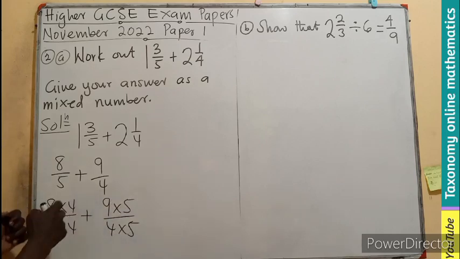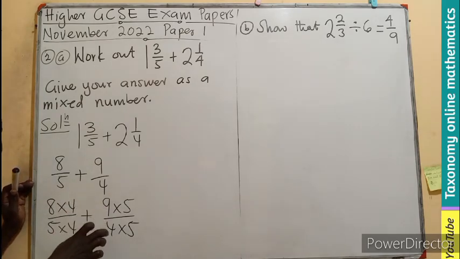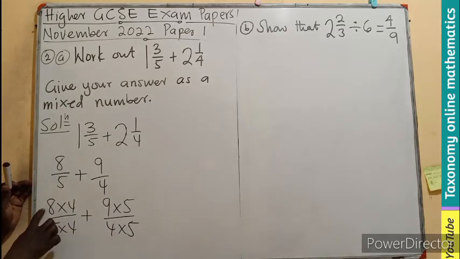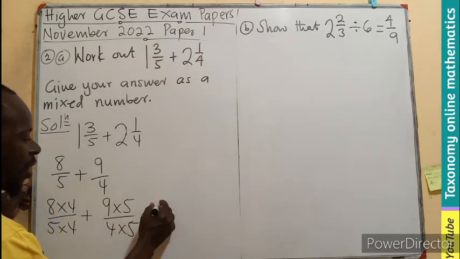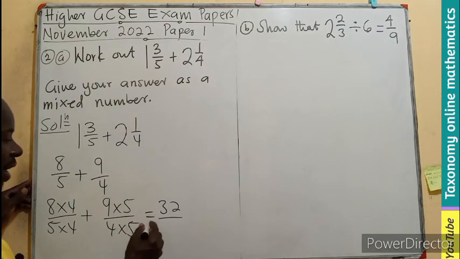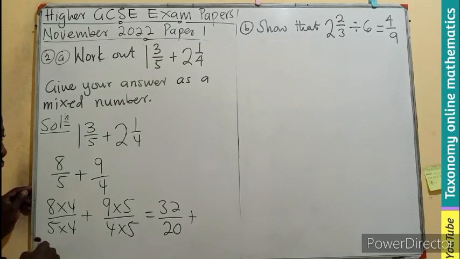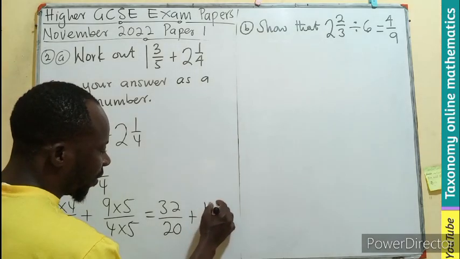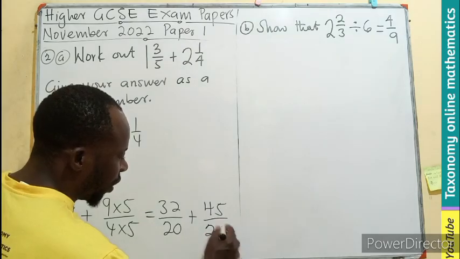I am only swapping their position in order to make them have the same denominator. Therefore, 4 times 8, that will be 32, divided by 5 times 4, 20, plus 9 times 5, 45, then 4 times 5, 20.